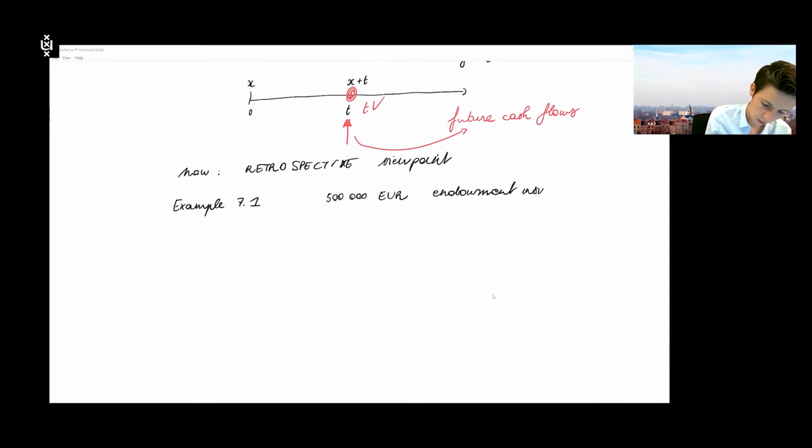This product was issued to a 50-year-old. And what I'm now going to ask myself is what has been paid in the past, and what is the accumulated value at time t of what has been paid in the past.